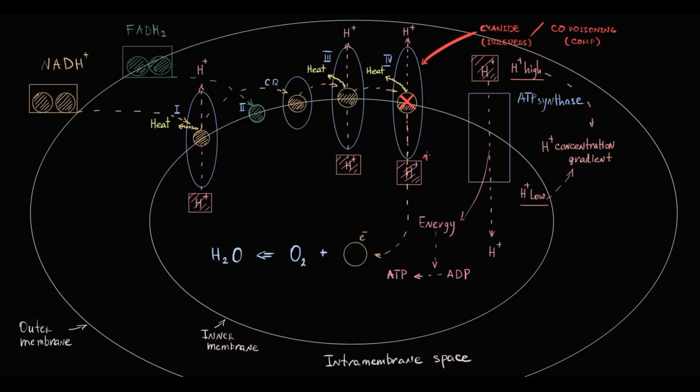With inhibition of complex 4, the transportation of hydrogen ions through the inner mitochondrial membrane decreases. This results in decrease in hydrogen concentration gradient, and the lower the hydrogen concentration gradient, the lower the production of energy by ATP synthase per 1 electron. And decrease in energy production causes decrease in ATP production, which results in energy deficiency.